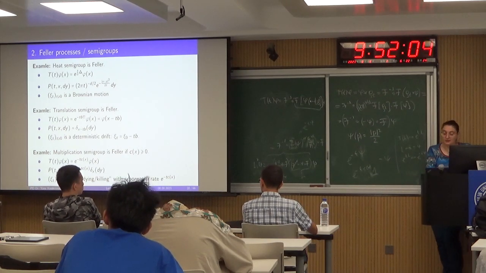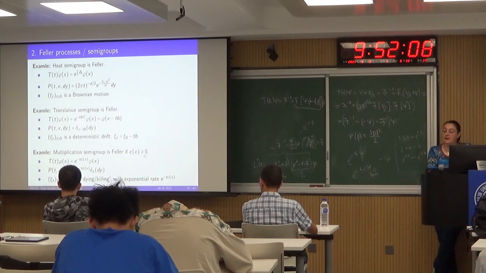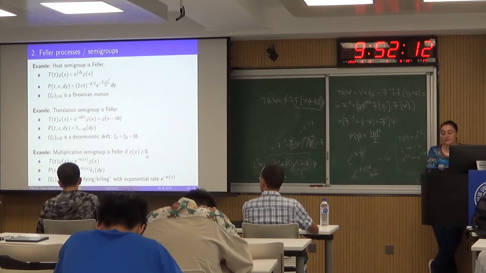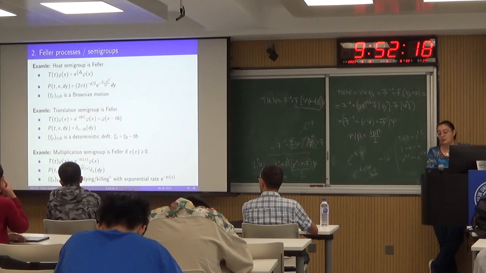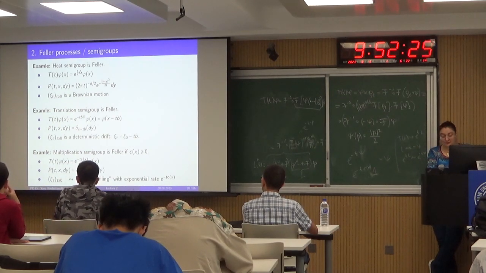One more Feller process. Multiplication semigroup is Feller if my function with which I multiply is non-negative. Again, the semigroup is given in this way. For a non-negative c, this exponent is always not bigger than 1, hence this sub-Markov property can be checked.